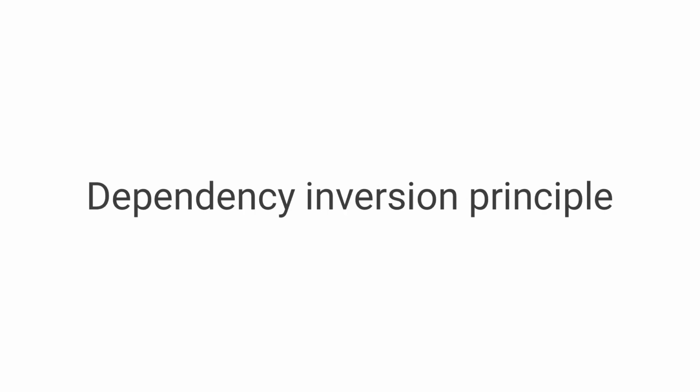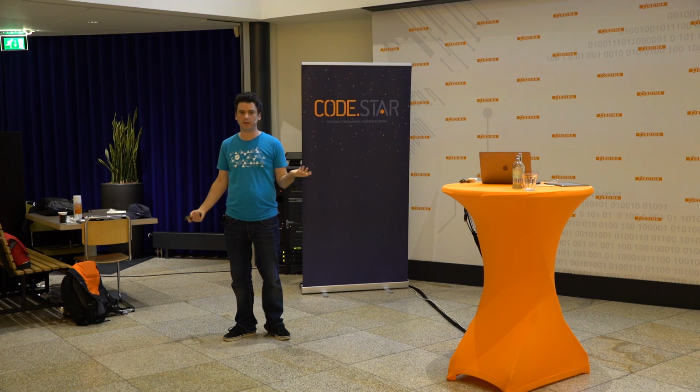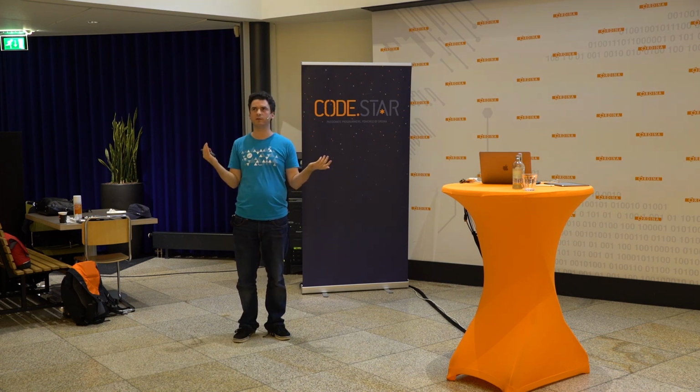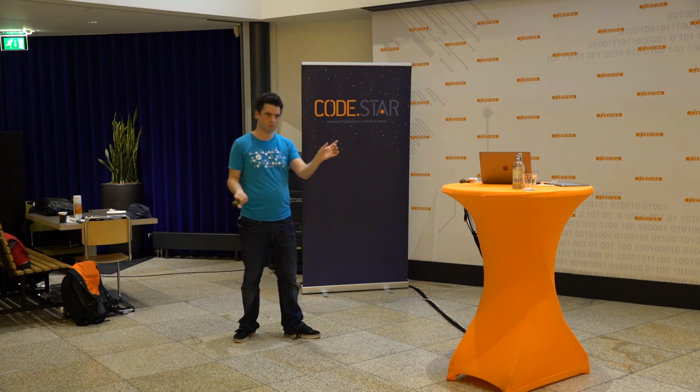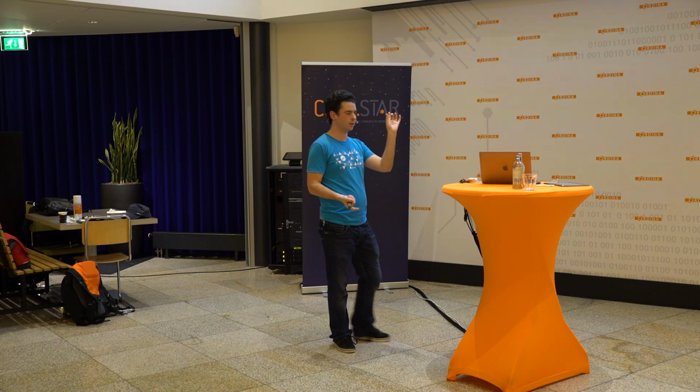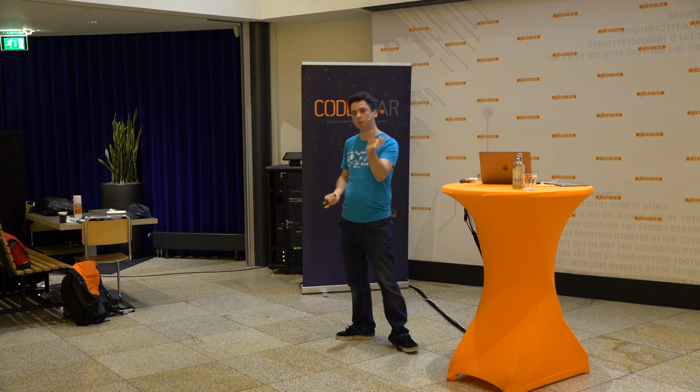Okay. So, dependency inversion principle. In ECS, basically we even inject data, not even dependencies. The idea of the dependency inversion principle is that a class shouldn't own its dependency.